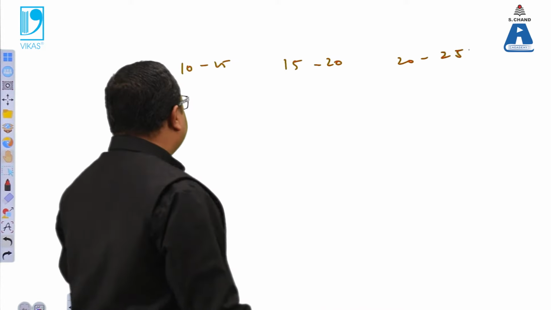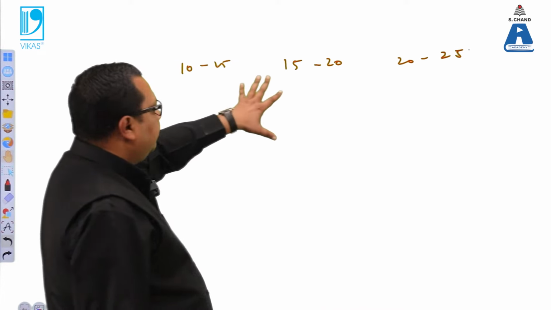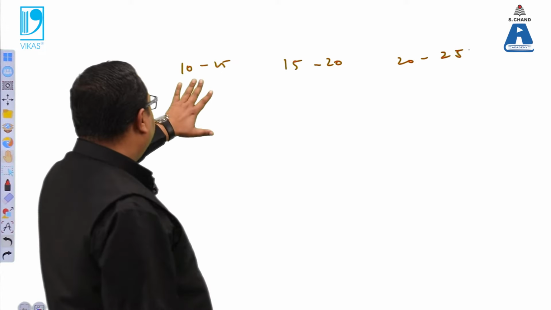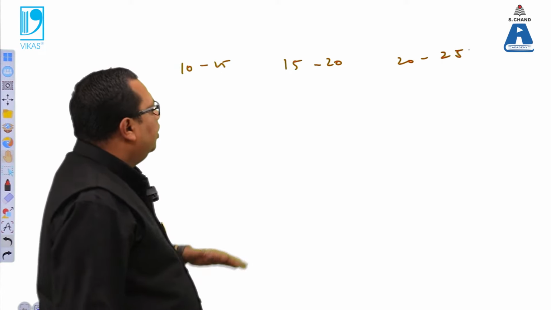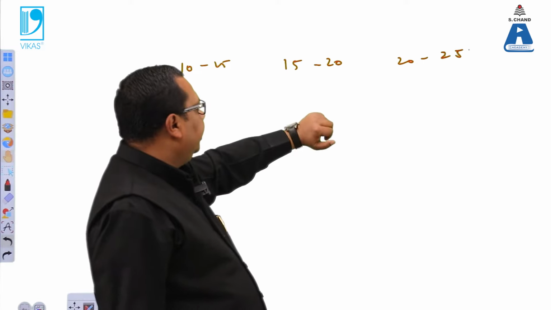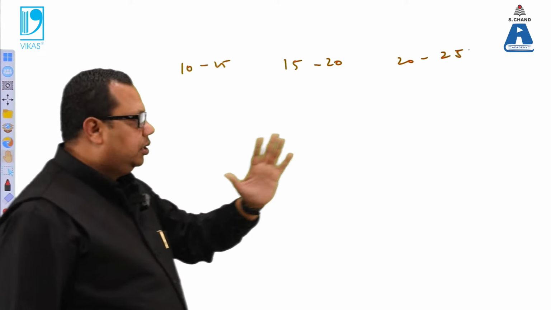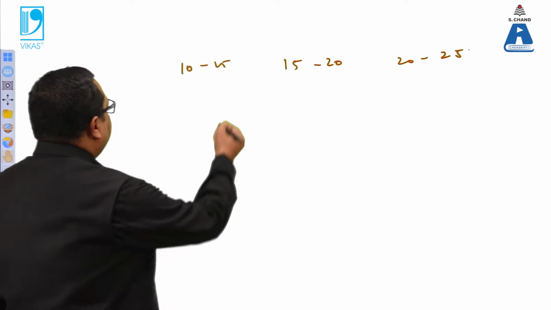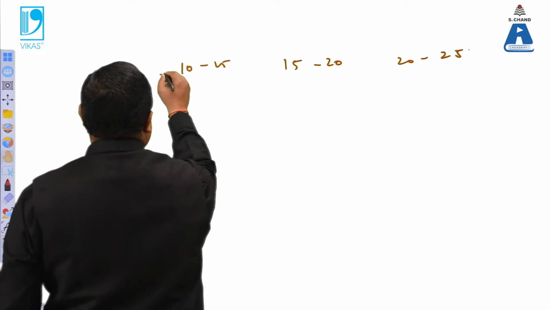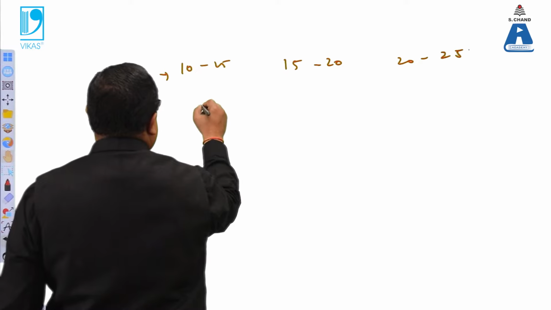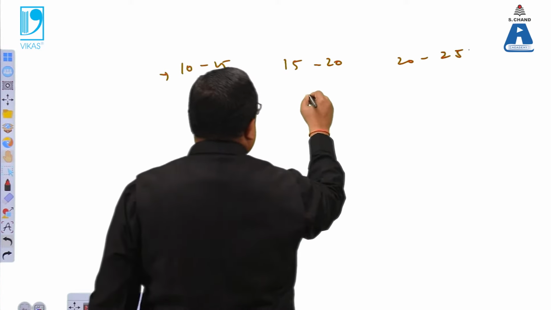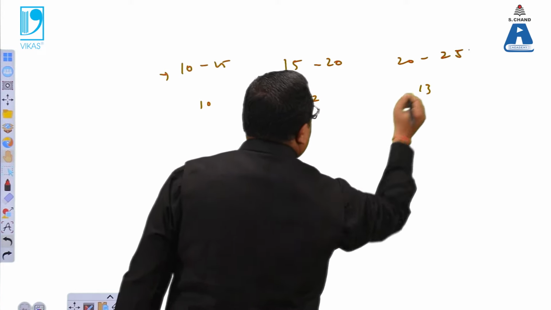I am breaking this in terms of 5 students: from roll number 10 to roll number 15, from roll number 15 to roll number 20, from roll number 20 to roll number 25. So I am breaking this. Suppose in this the age group is 10, here the age group is 12, here the age group is 13.